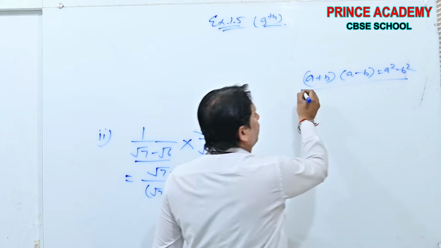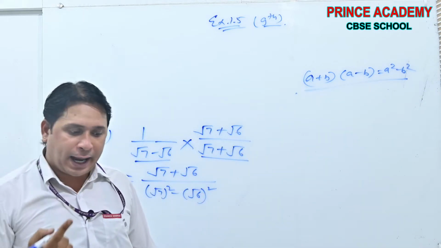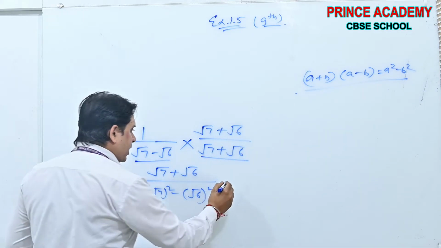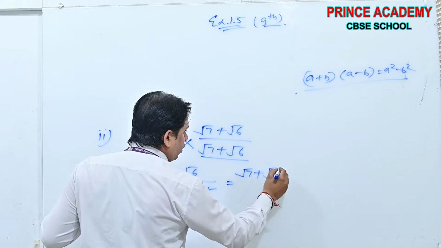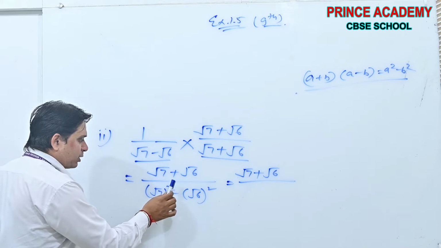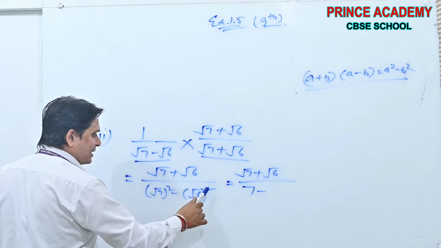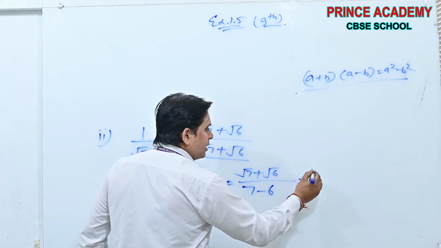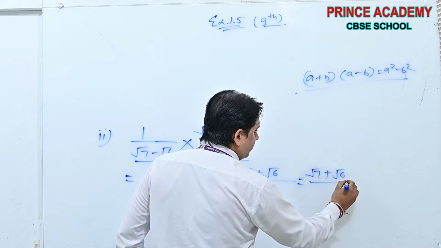Yes or no? Now this is helping you in questions. Okay, done. What will it be now? See, root 7 plus root 6 divided by root 7 square is 7, root 6 square is 6. What is this? Root 7 plus root 6.